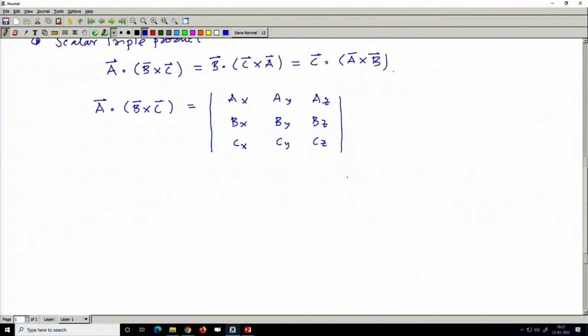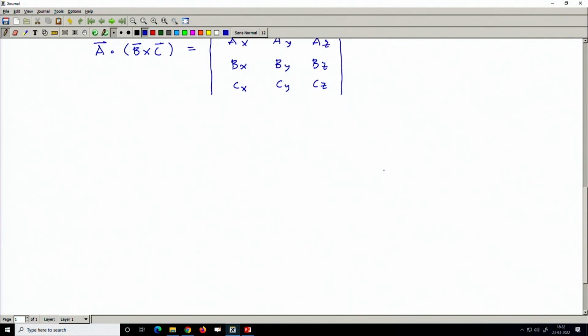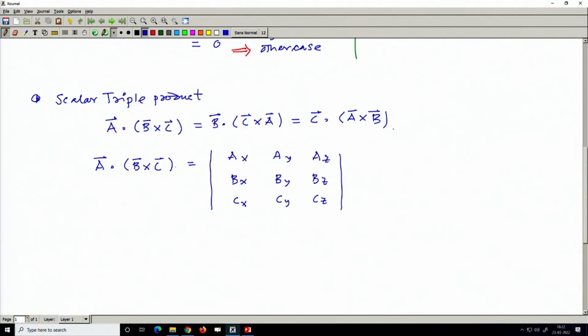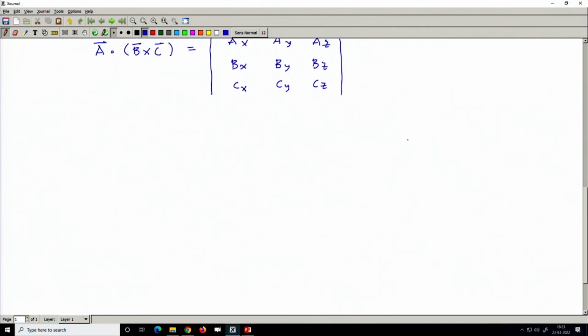Now, the next step is to understand, using the Levi-Civita symbol, how to prove that A dot B cross C is equal to B dot C cross A is equal to C dot A cross B. A dot B cross C is a dot product. You can see this is a vector, and we know that this dot product can be represented as a_i times the i-th component of b cross c.